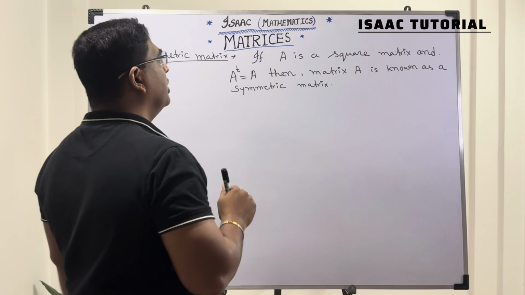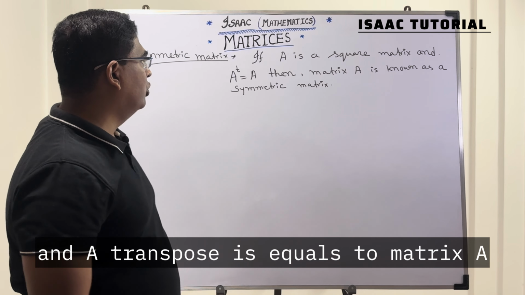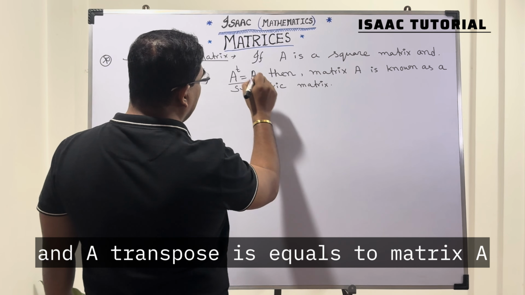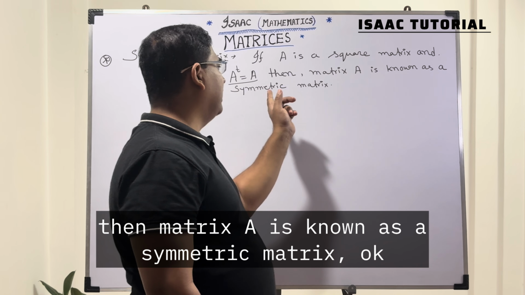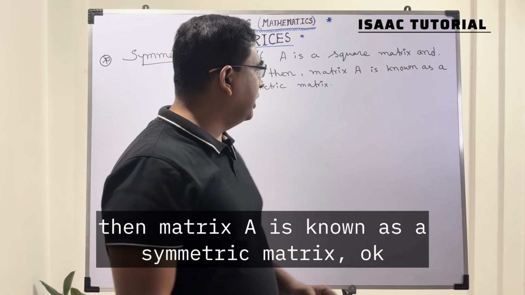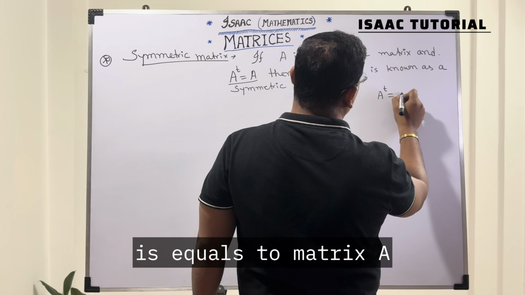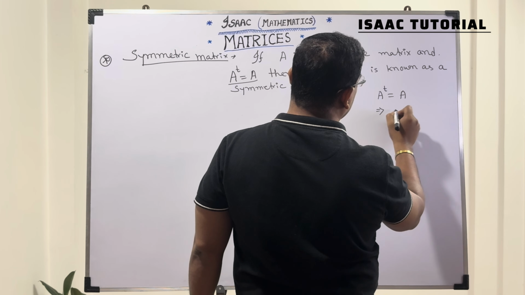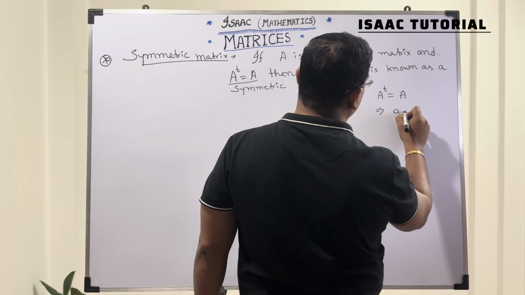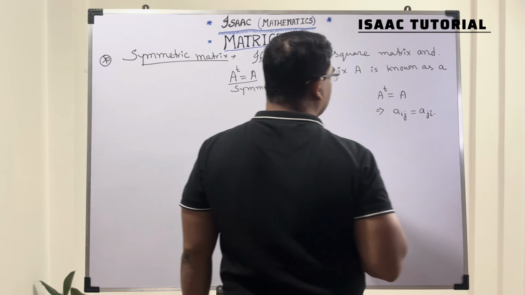If A is a square matrix and A transpose is equal to matrix A, then matrix A is known as a symmetric matrix. So A transpose equals matrix A implies Aij is equal to Aji.